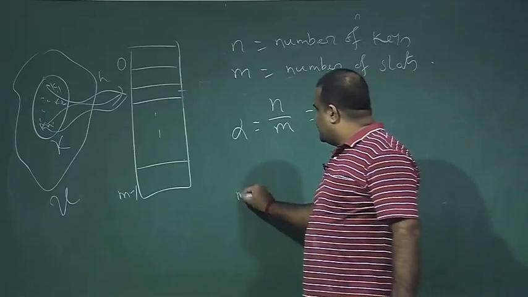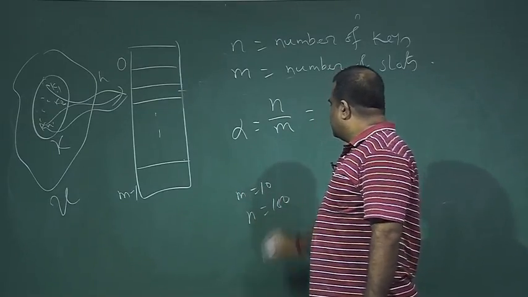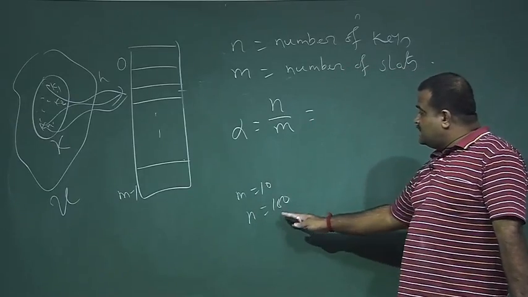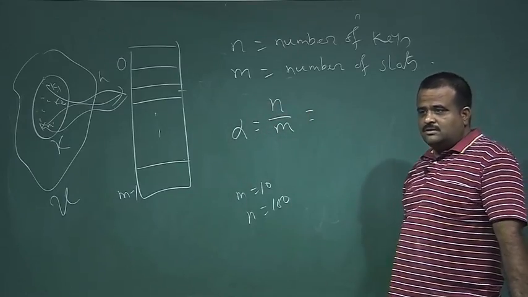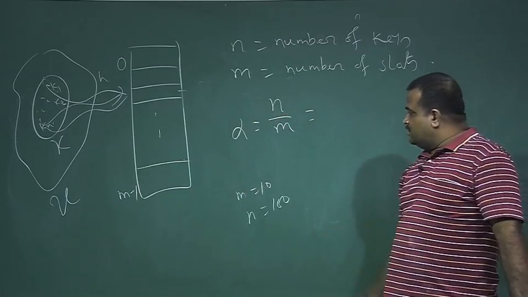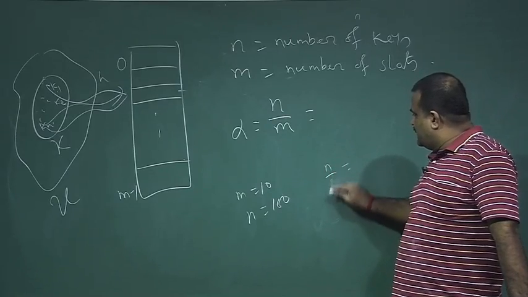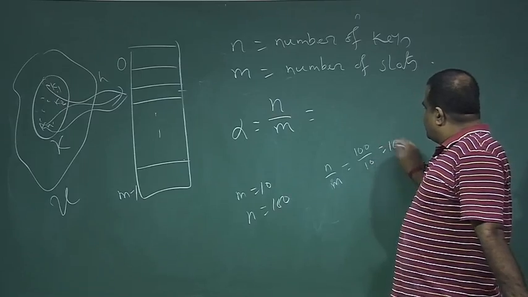So, if we have say 10 slots and 100 keys, and if our hash function is a good hash function in that sense, then it is uniformly distributing the keys among the slots. So, each slot will have roughly n by m, which is basically 100 by 10, 10 keys.